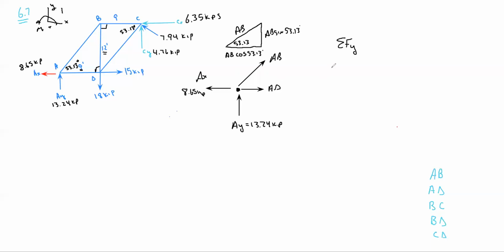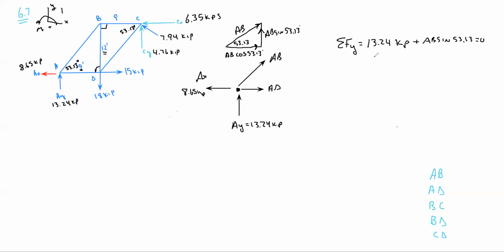All right, so that sets me up. I assumed that AB was going up. That means the x direction is going from left to right and the y direction from top to bottom. So I've got 13.24 kip, looking at forces in the y direction, plus AB sine 53.13 is equal to 0.